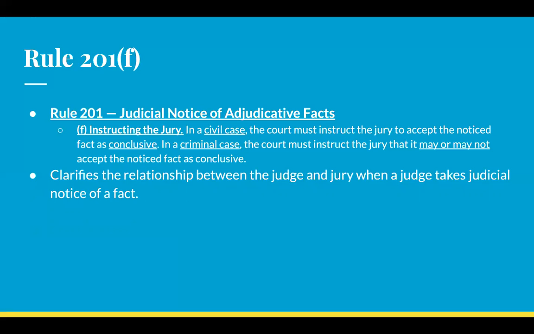The rule also states that in a criminal case, the court must instruct the jury that it may or may not accept the noticed fact as conclusive. This has the effect of protecting the rights of the defendant and preserves the role of the jury as the final arbiter of all facts in criminal cases. Next slide.